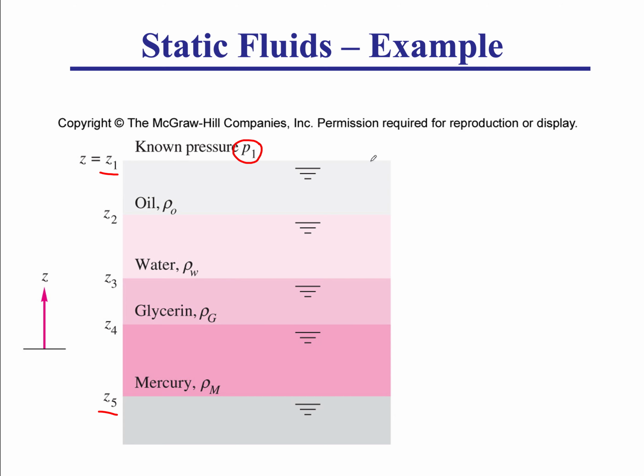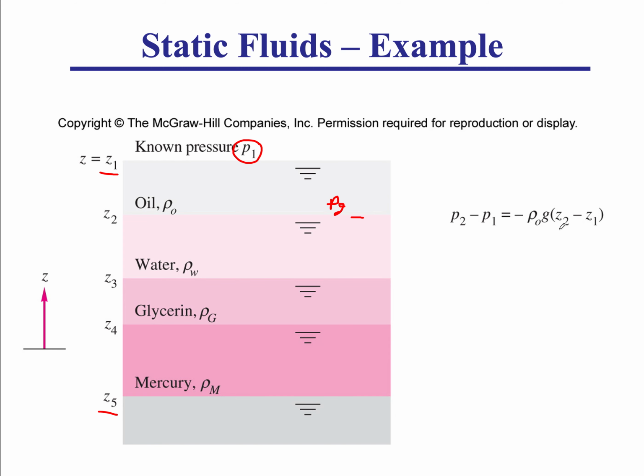So my pressure at level 2, P2, would be equal to the pressure P1 plus rho oil times g multiplied by z1 minus z2. In other words, P2 minus P1, the pressure at level 2 has increased from level 1 by an amount of minus rho delta z times g.